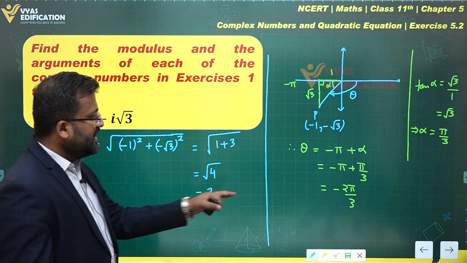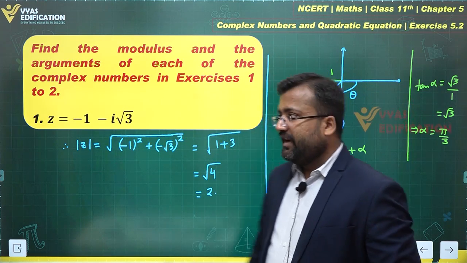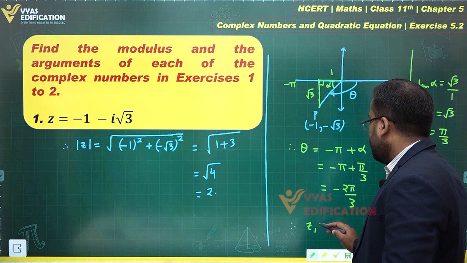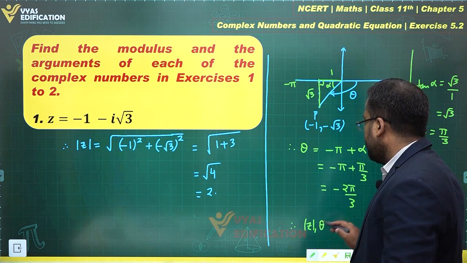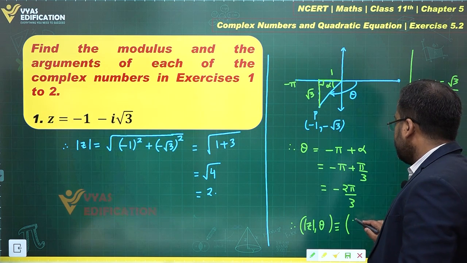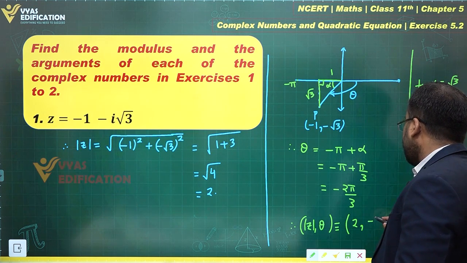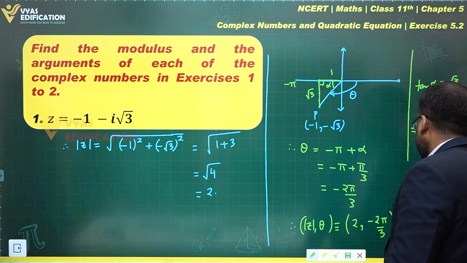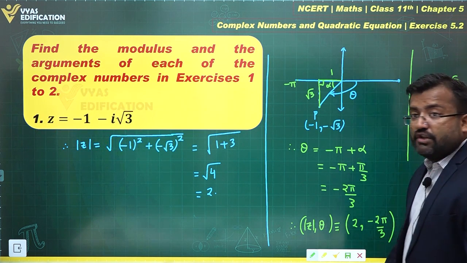So we have found the modulus and we have found the argument. Therefore, we can simply say mod z comma theta equals, mod z is 2 and theta is minus 2 pi by 3. And yes, this is my final answer for this question over here.